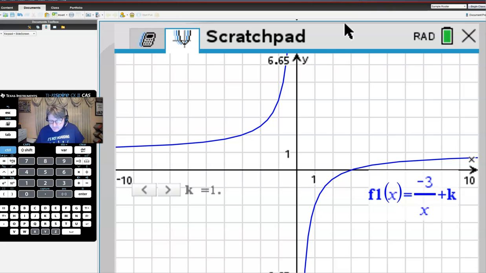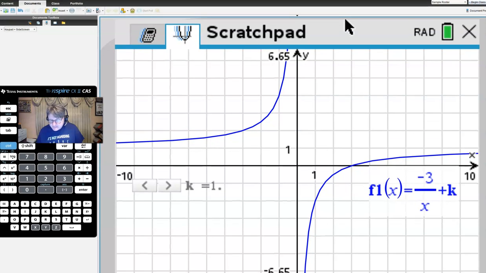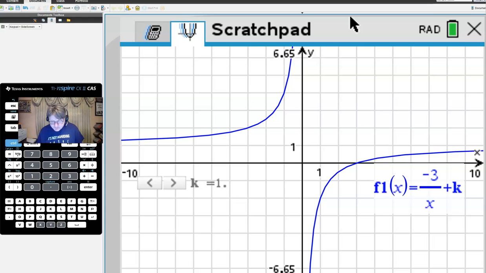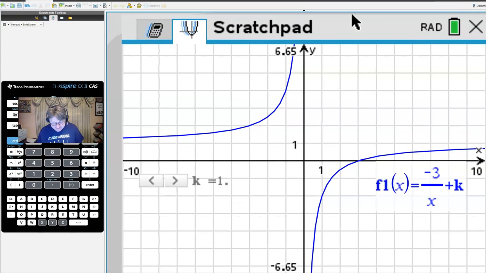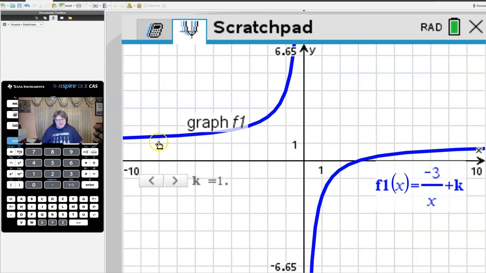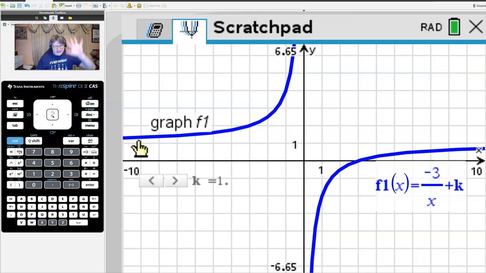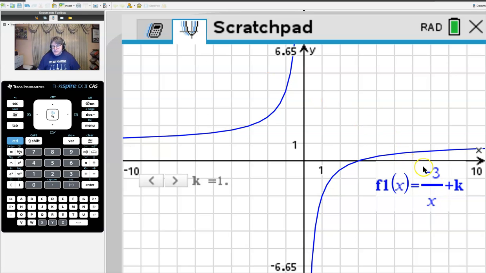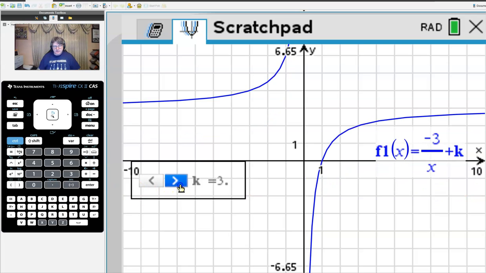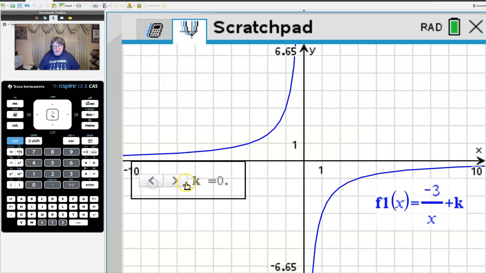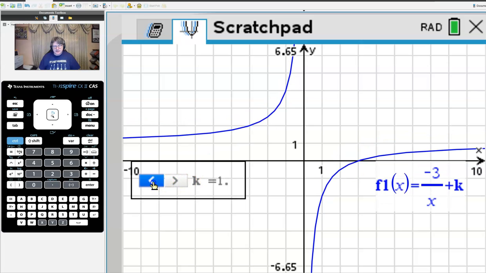I've moved my camera up here. Hey guys, here I am. So we're going to go ahead and graph the function -3 over x plus k, and I'm going to graph it so that k is a slider. That will allow me to change the value of k. This is a minimized slider.